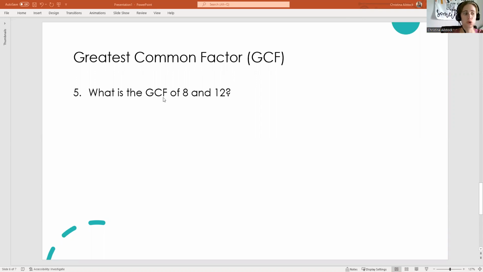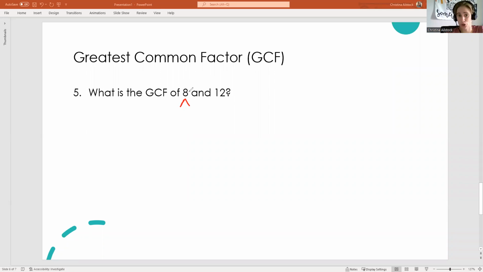So if we want to know the greatest common factor between 8 and 12, we first need to identify what the factors are of each. Factors, remember, are 2 numbers that are multiplied together to get that product, to get that answer. So if I do a factor tree for 8, I'm going to list all of my factor pairs, all of the numbers that multiply together to get 8.